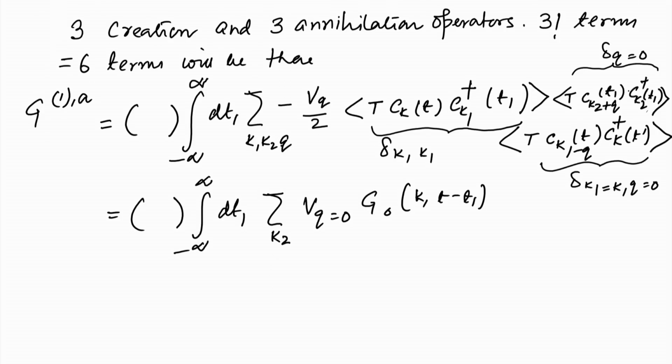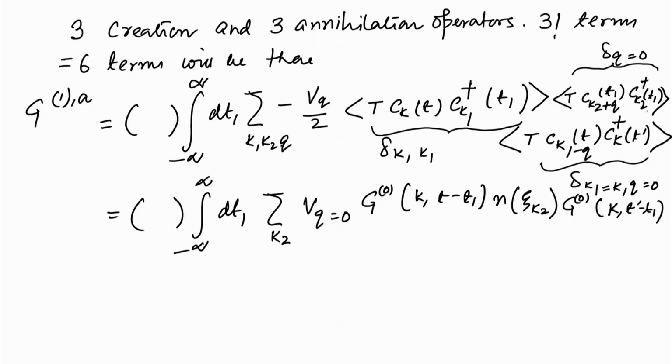Now, what can be done is that I can change the sign of this, and write it with a negative sign, and with a number operator n of xi k2, and then there is a G0 k. These zeros were written earlier. And now we have k and t prime minus t1.